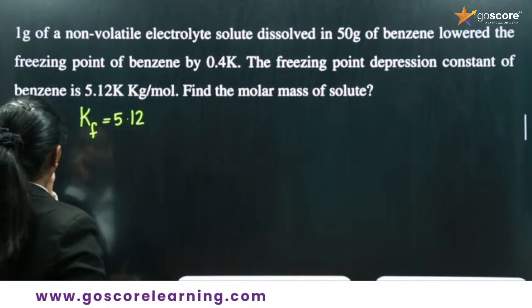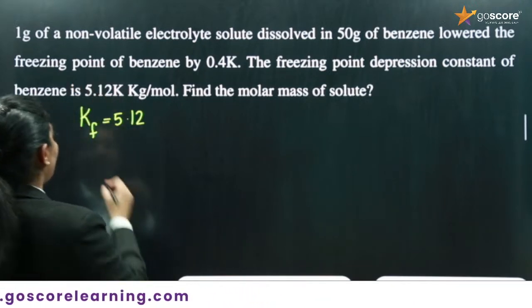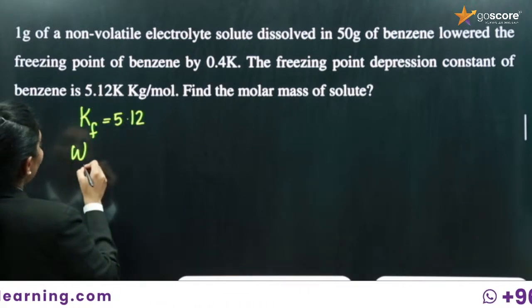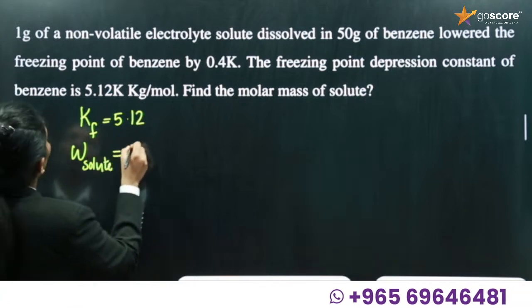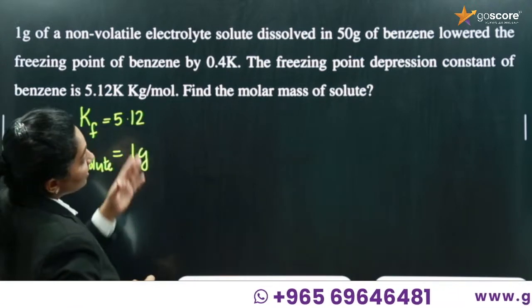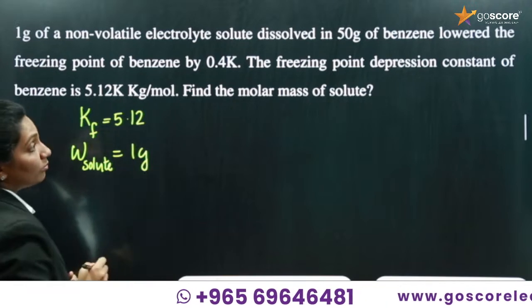You are adding 1 gram of non-volatile solute, so the mass of the solute is given as 1 gram, and you are dissolving it in 50 gram of benzene.